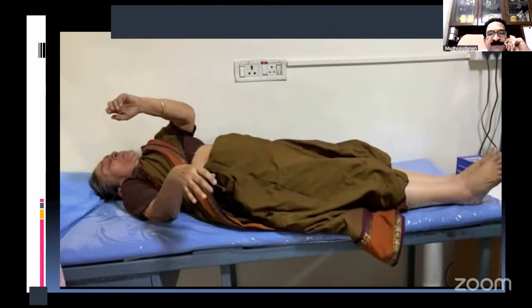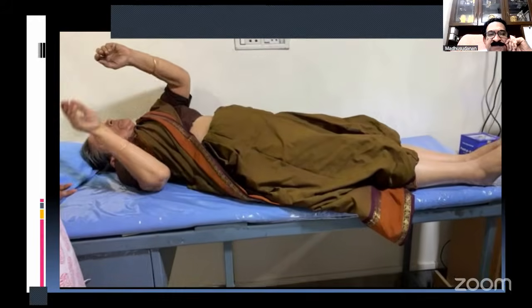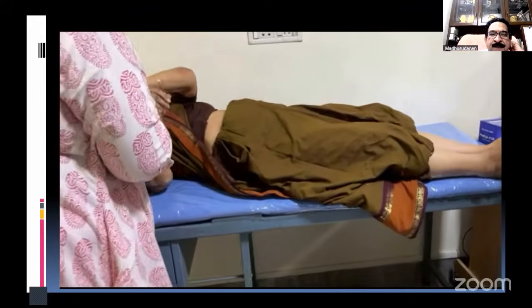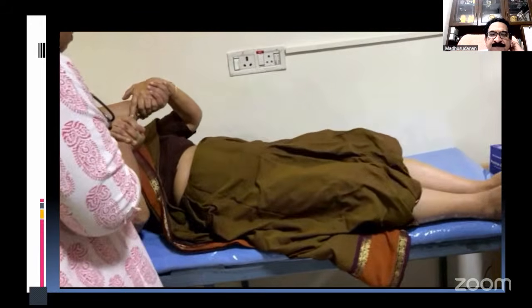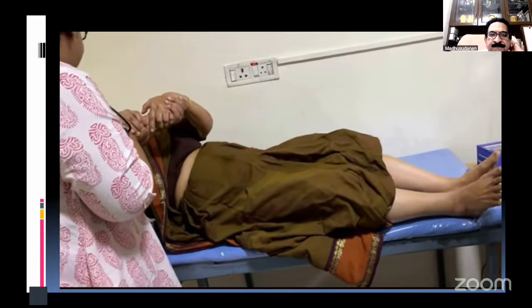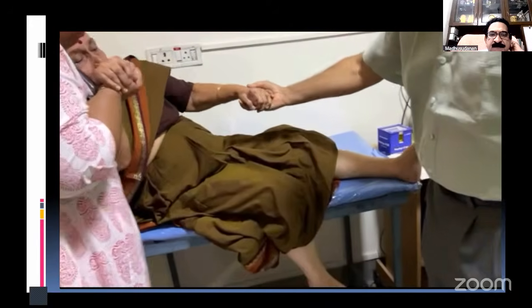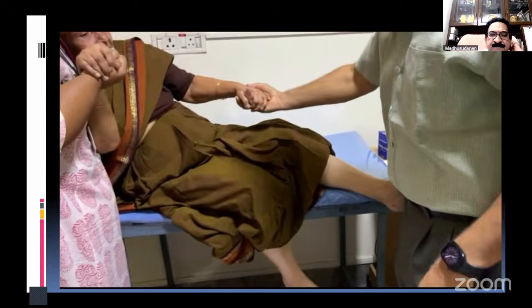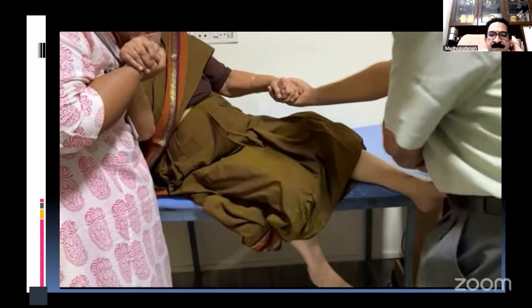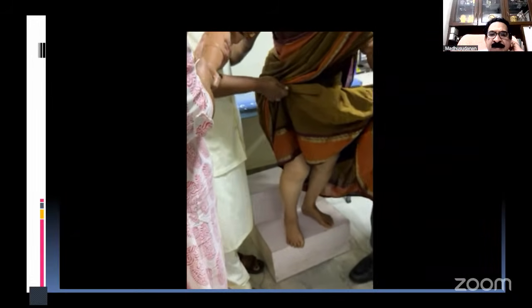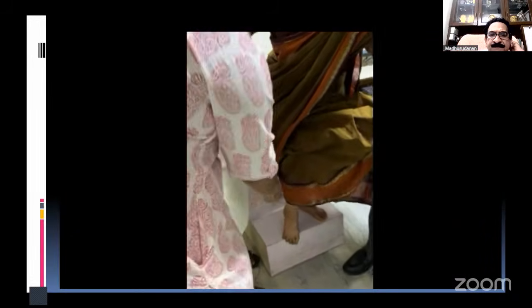She was asked to get up from bed, and she had tremendous difficulty. She has to be supported by one person to get out from the bed. Maybe tongue muscle is getting weak. And tremendous difficulty climbing down the stairs.